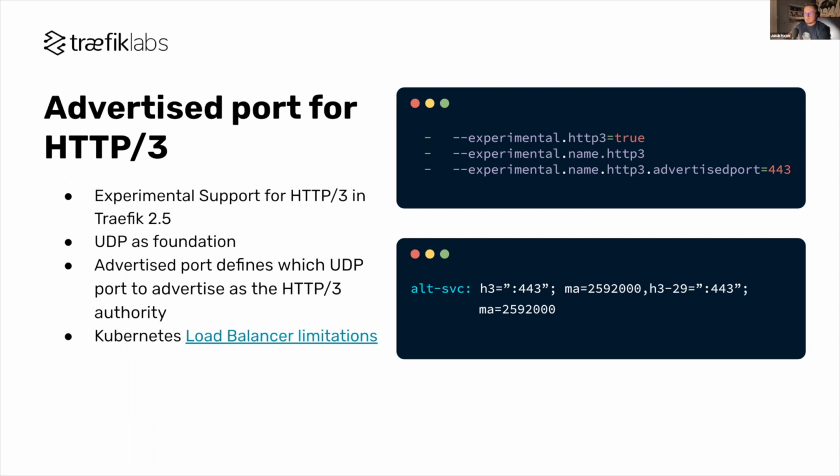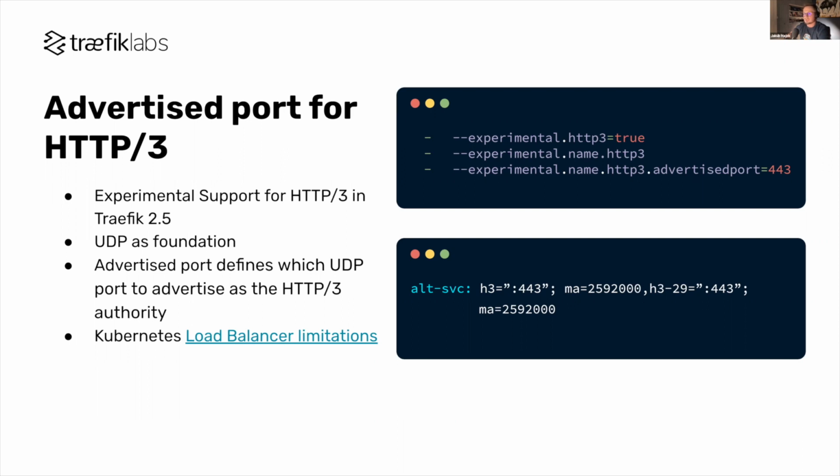And you need to open, if you are creating a load balancer type in your Kubernetes cluster, you need to expose two protocols, TCP and UDP. And it's quite tricky, especially if you work with Kubernetes, because the load balancer type service that is used to expose Traefik to the internet accepts only one protocol.